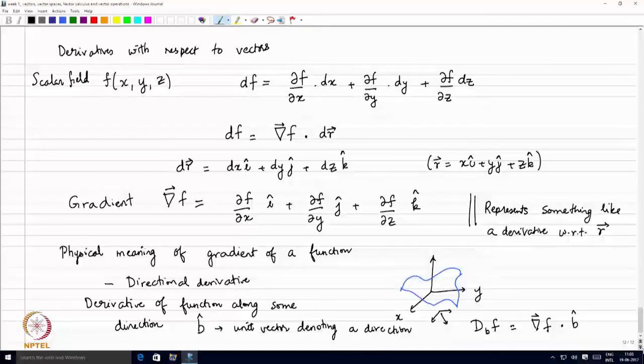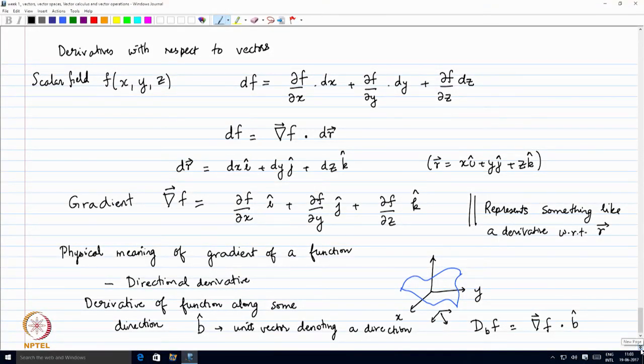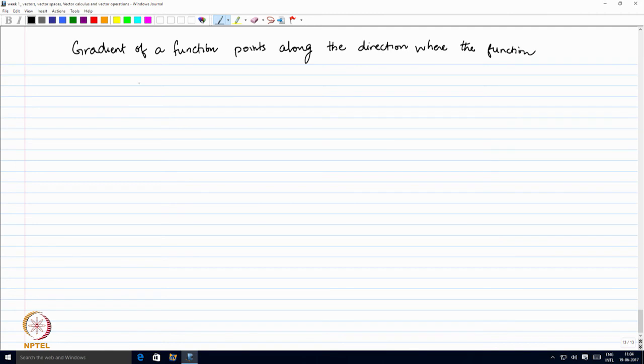Okay. The other interpretation of the gradient is the following. The gradient of a function points along the direction where the function changes most rapidly.